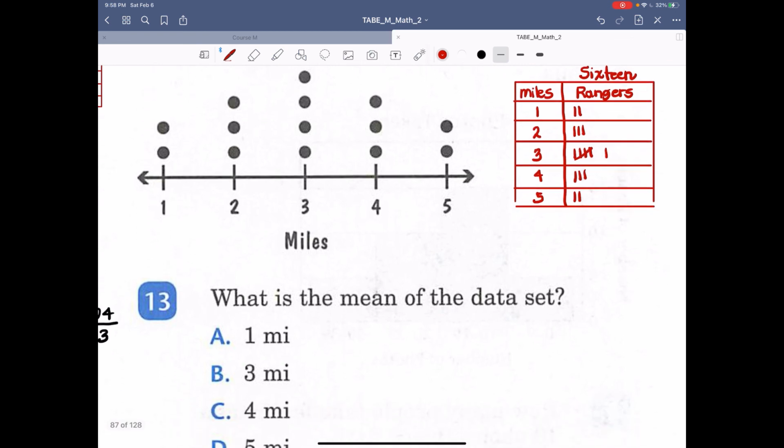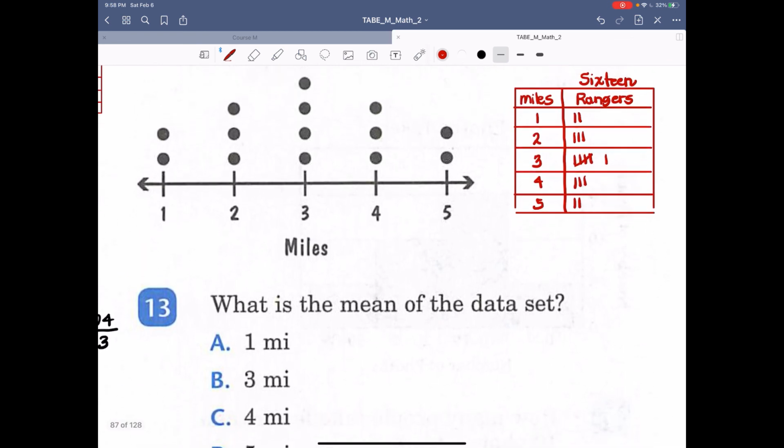Okay, what is the mean? You know they're going to ask that one. So let's figure it out. I have 1 times 2 people plus 2 times 3 people plus 3 times 6 rangers plus 4 times 3 rangers plus 5 times 2 rangers.